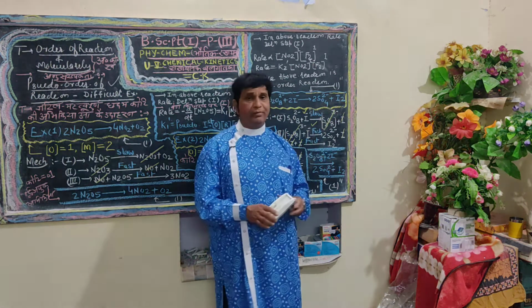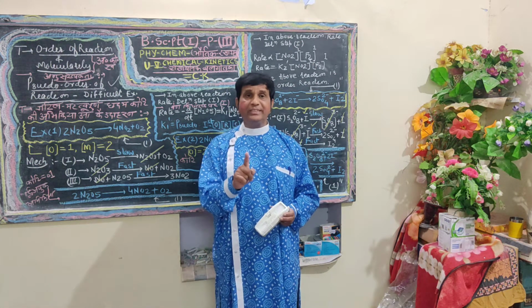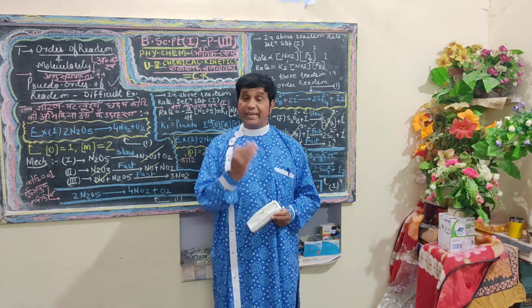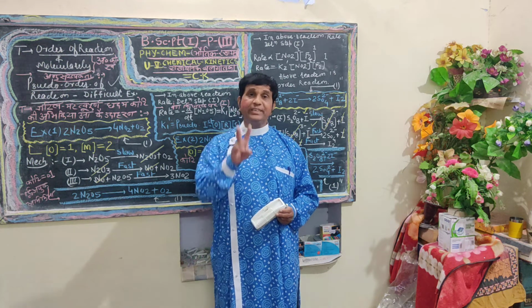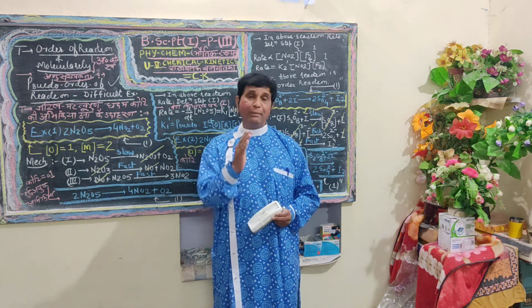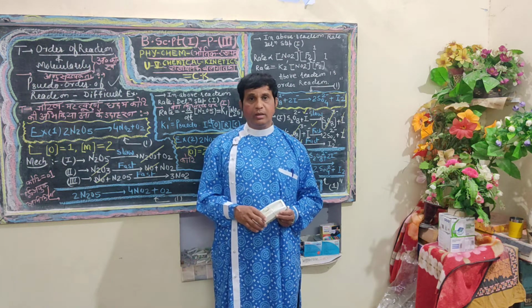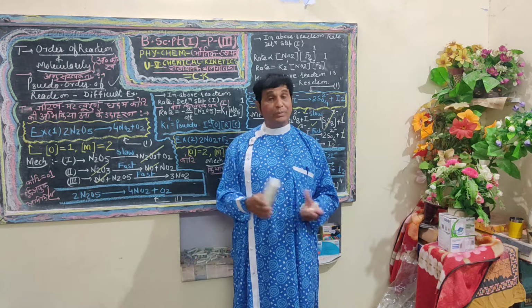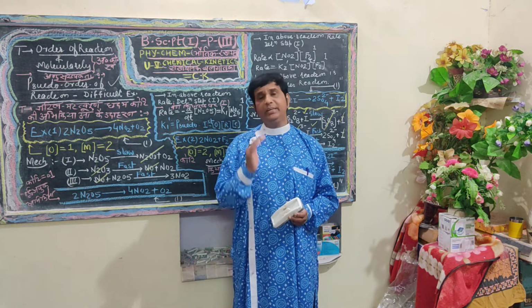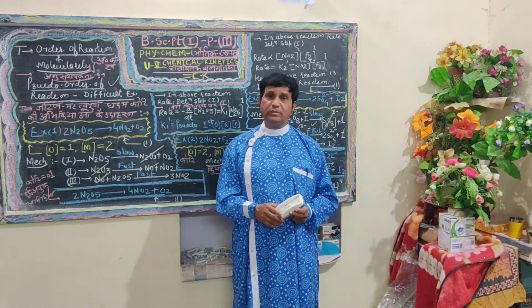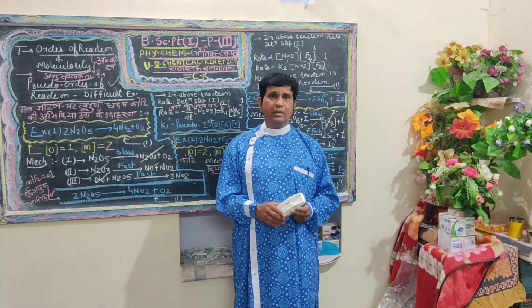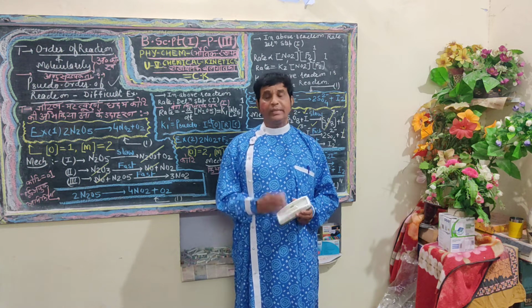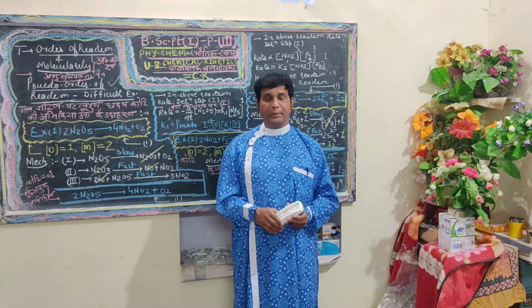In our previous video we explained: order of reaction is unity for unimolecular reactions; second, order of reaction is two for bimolecular reactions; order of reaction is three for trimolecular reactions. It is the fundamental rule in chemical kinetics. Generally all the reactions undergoing have the same order of reaction and molecularity.